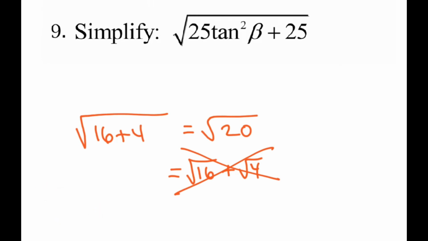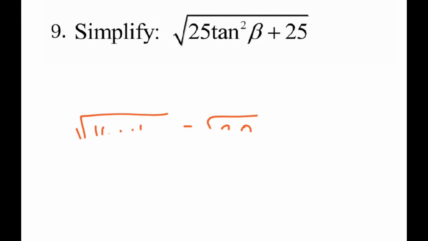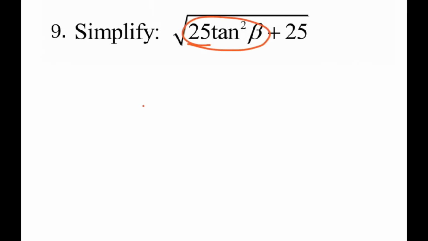When we're looking at this problem right here, we are looking at exactly the same thing. So don't write this down, but what a lot of people want to do is they want to take the square root of this piece and the square root of this piece and just say, there's my answer. And that is very, very wrong. Because of the addition, you cannot do it like that.